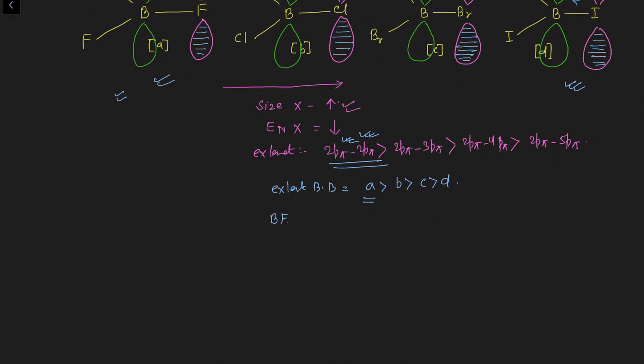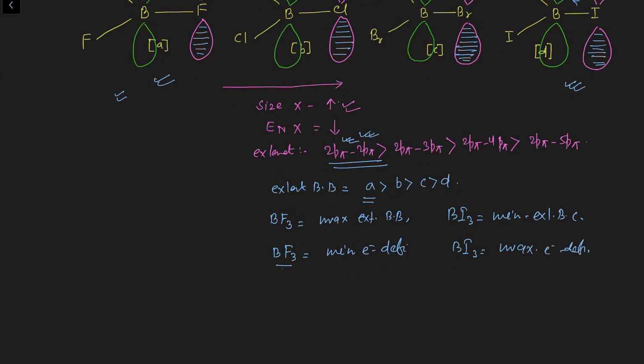So because of this, BF3 will have the maximum extent of back bonding, and BI3 will have the minimum extent of back bonding. Because of this, BF3 will be minimum electron deficient, and BI3 will be maximum electron deficient.